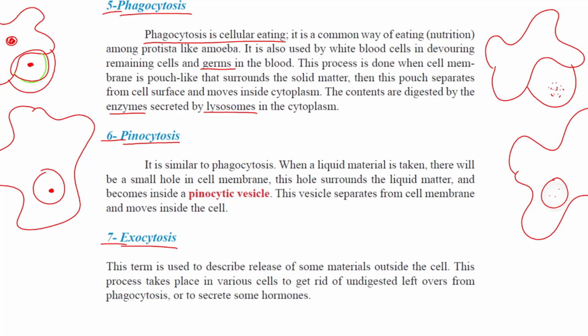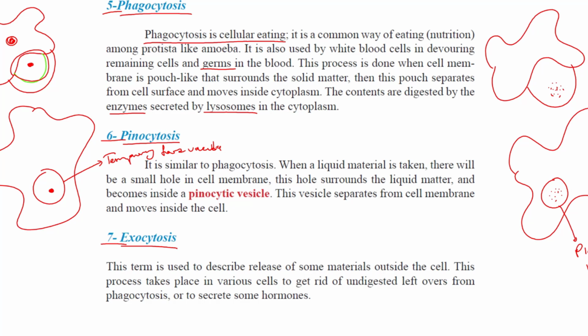The structure which contains food in the cytoplasm and stores it until digestion, we call a pinocytic vesicle. And what about phagocytosis? This vesicle, we can call a temporary food vacuole.